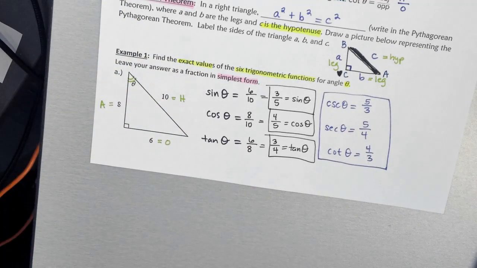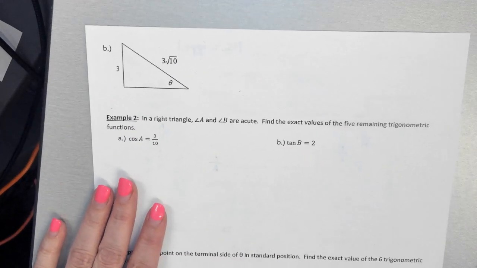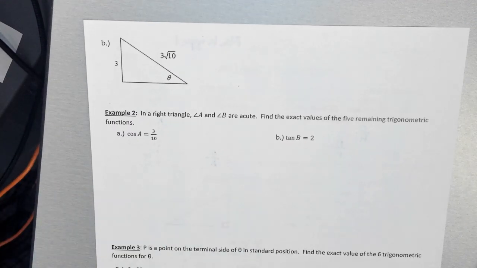Okay, so once you have that and you are looking at part B of this example, I want you to notice what is different about part B, and think about what you need to do in order to find the trig functions. Okay, so flip it over to look at part B. How is this different from part A?